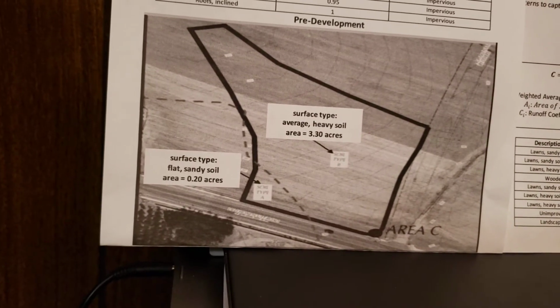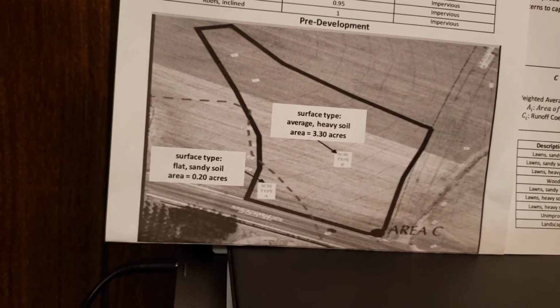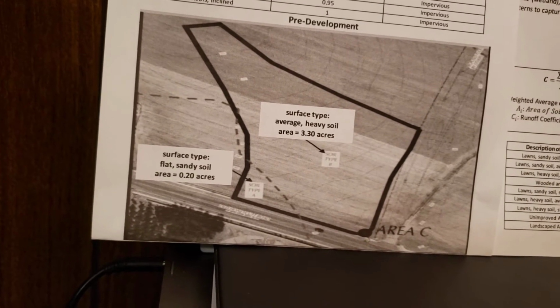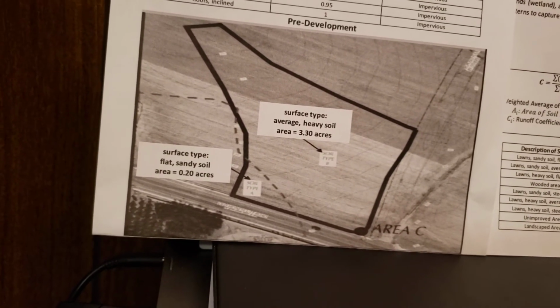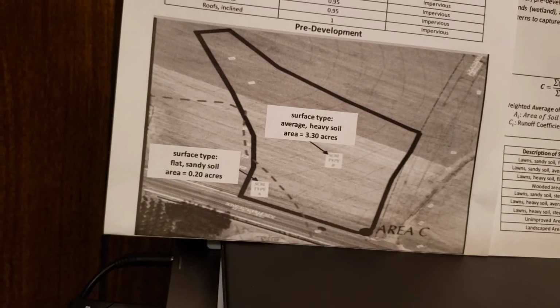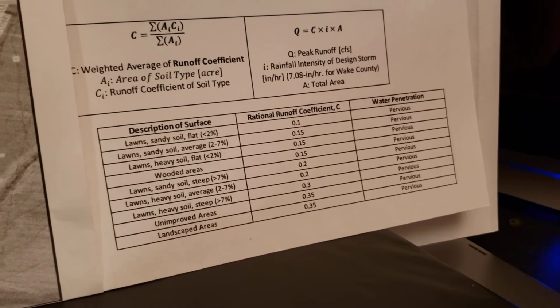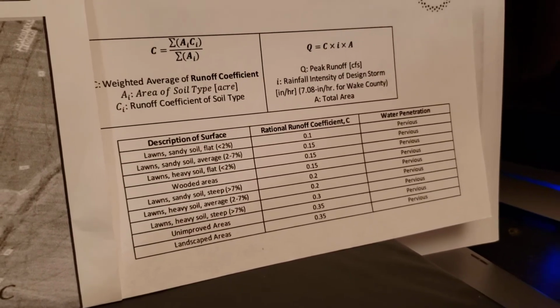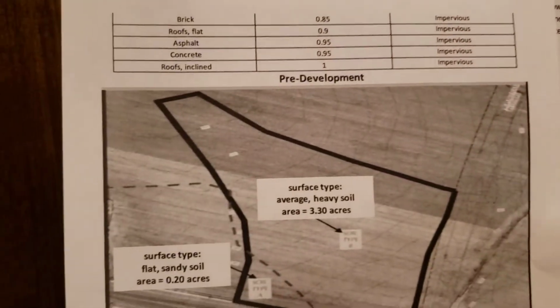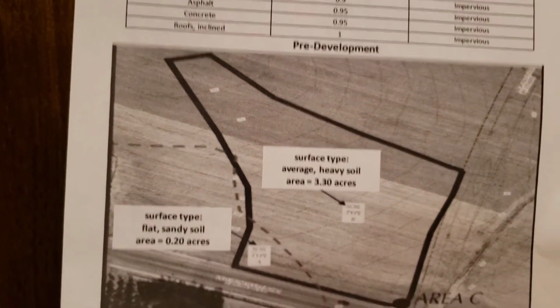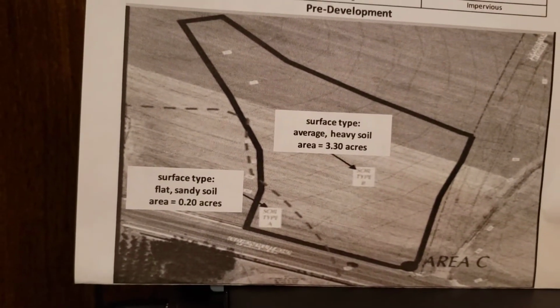So doing the calculations, we came up with C equaling 0.19. For number 4, we had to determine the pre-development peak runoff for the marked area. We utilized the formula Q equals C times I times A, and we came up with Q equaling 4.75.